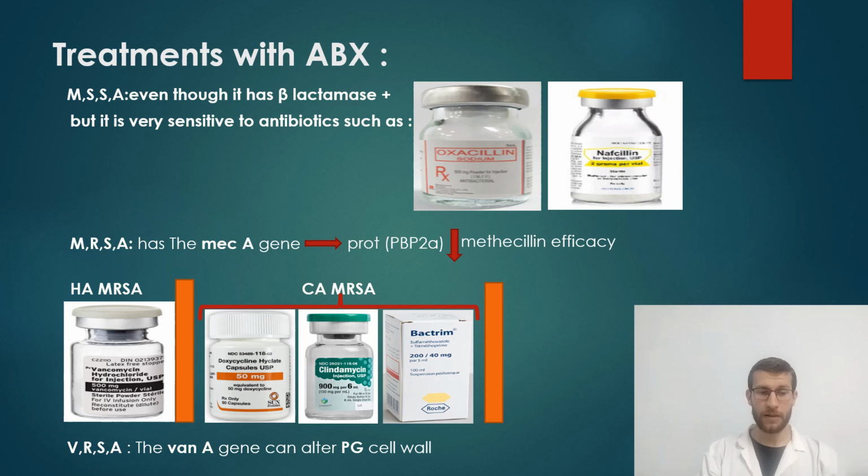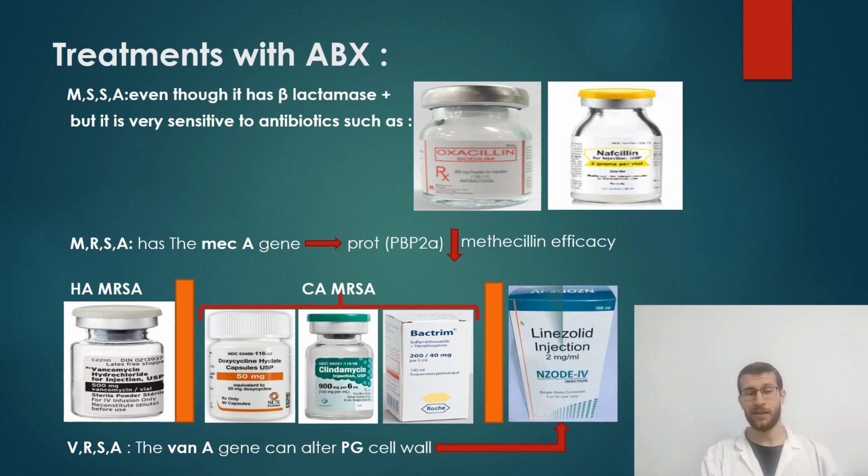The bad news is these bacteria developed another resistance against these antibiotics, and we call it vancomycin-resistant Staphylococcus aureus because of the vanA gene that can alter the peptidoglycan cell wall. And now the molecule which we use to treat this type of bacteria is linezolid.